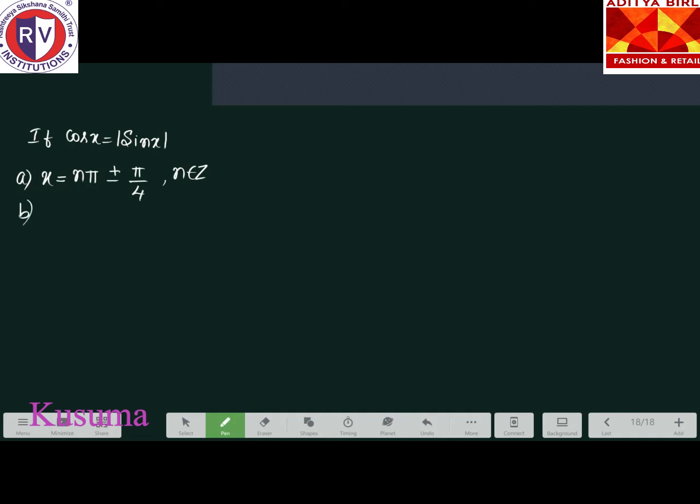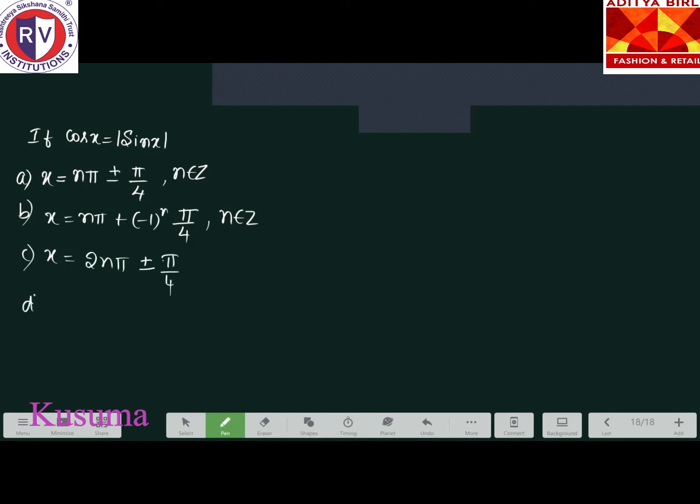Option B is x is equal to n pi plus minus 1 to the power of n pi by 4, where n belongs to z. Option C is x is equal to 2n pi plus or minus pi by 4.